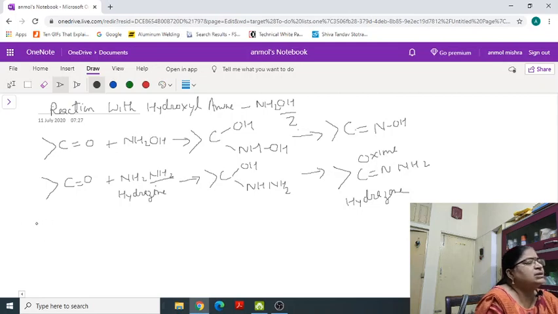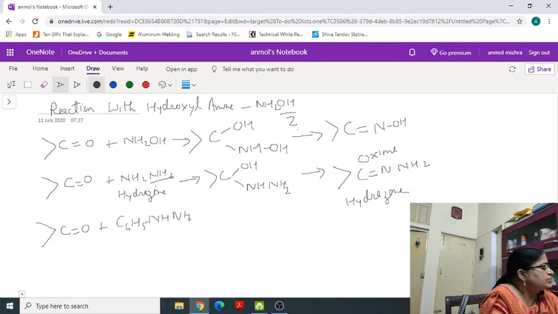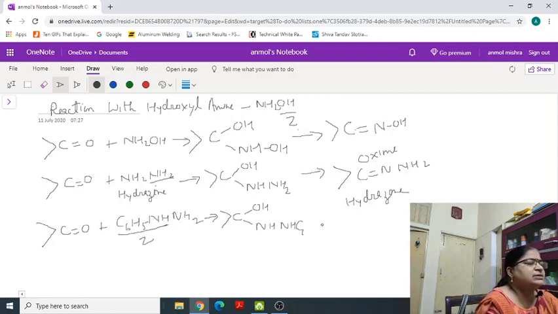Next reaction is, that is, reacts with phenylhydrazine, C6H5NHNH2. So C6H5NH is Z. So again it forms NH C6H5.